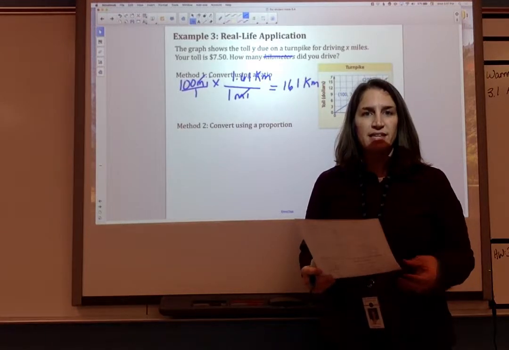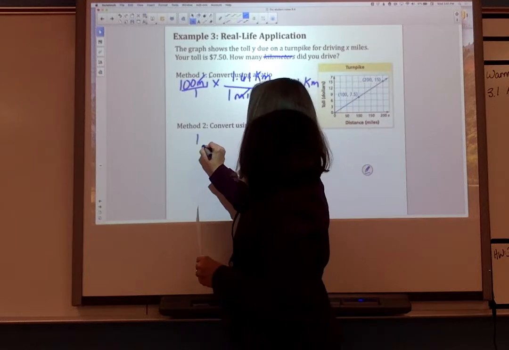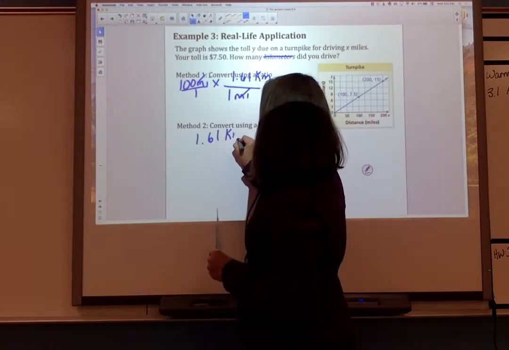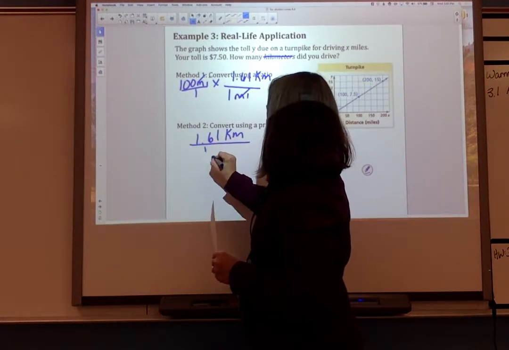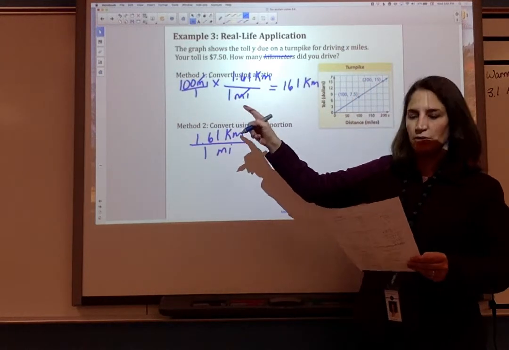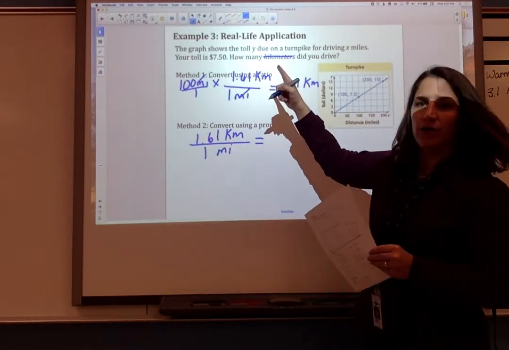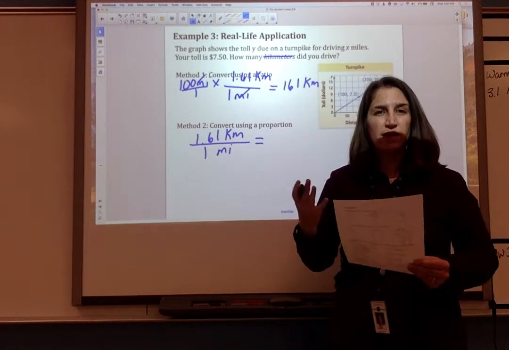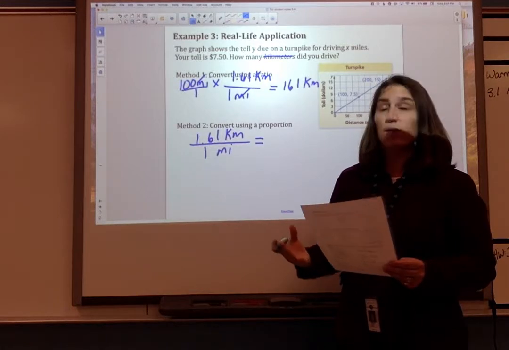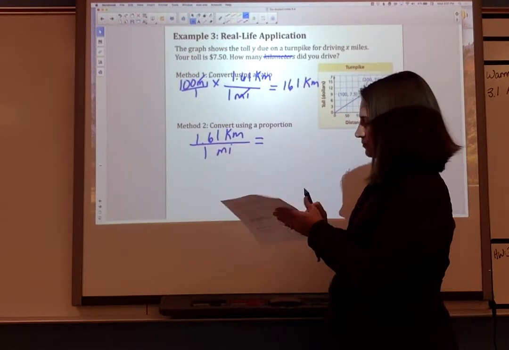Okay, now we're going to find the same answer by using a proportion. So we know that 1.61 kilometers is equal to 1 mile. So this is the same ratio that we used up here. And we're going to set that equal to another ratio where one of the parts of that ratio is an unknown. So we know we're looking for 100 miles.